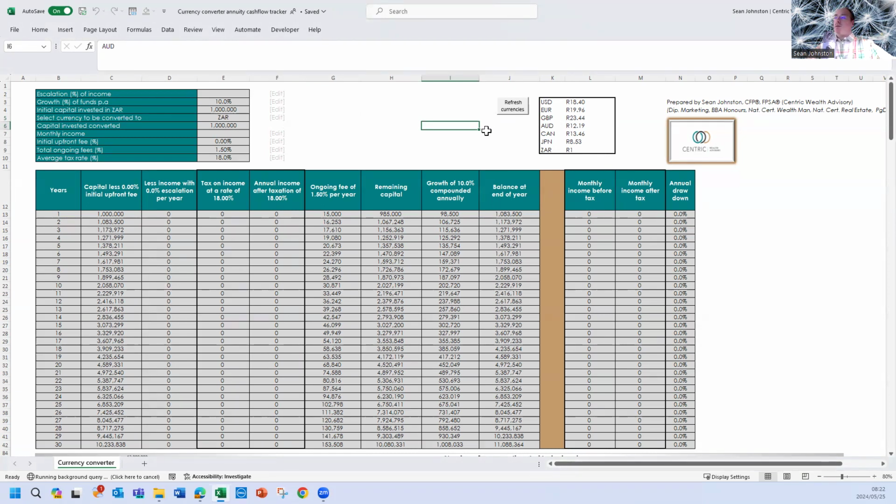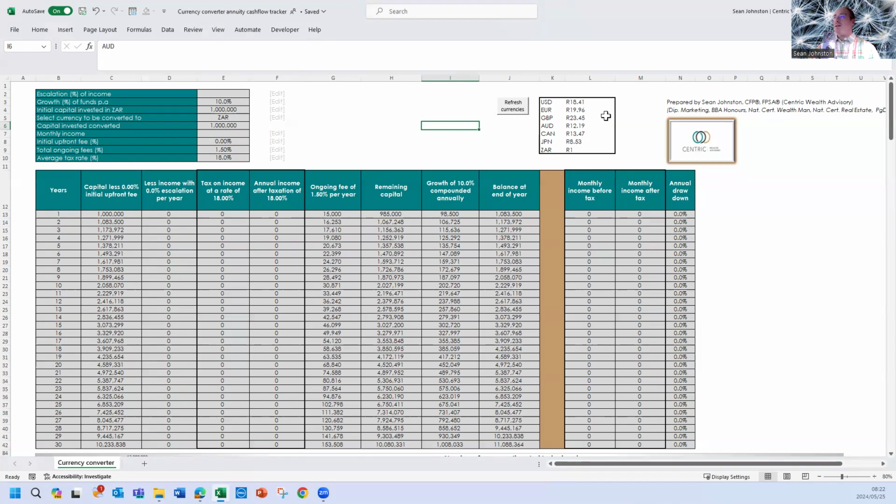It will perform the macro of pulling information from the external site, and it will update these currencies for you. Obviously, if you just want to use this for educational purposes, then you don't have to refresh all the time, but it does help knowing whether the dollar has strengthened or weakened against the rand, and of course the other currencies. Not that long ago, it was 19 Rand to a US dollar.